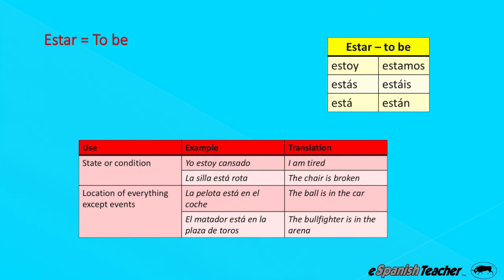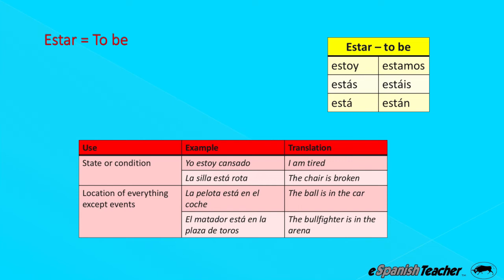Now let's look at some examples with estar. Remember, the first use of estar is to describe the state or condition of something. So here are 2 examples. Yo estoy cansado. Say that with me. Yo estoy cansado. I am tired. Estoy is the estar conjugation in the yo form in the present tense.